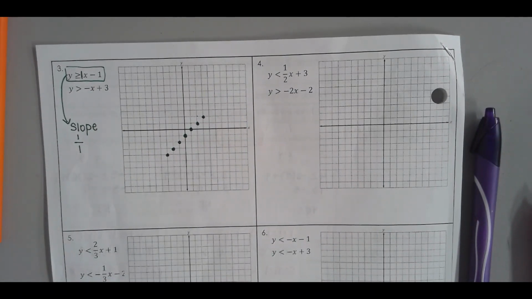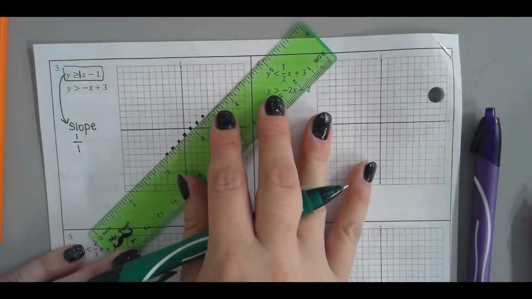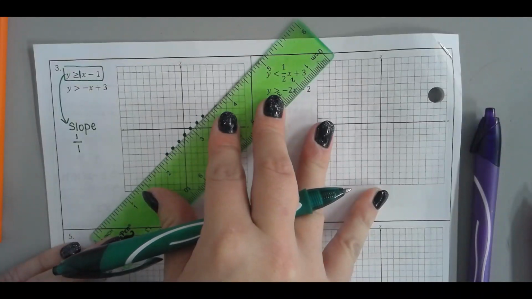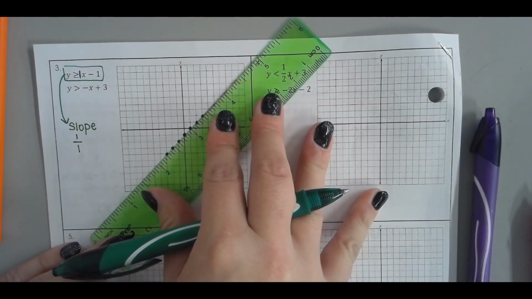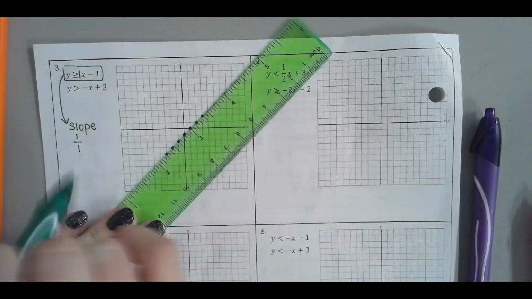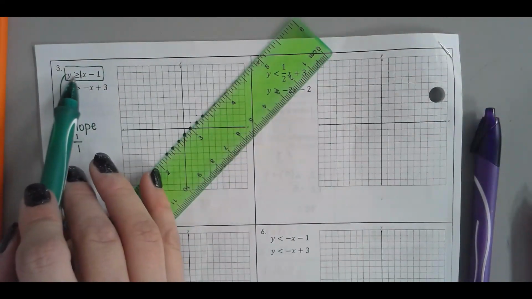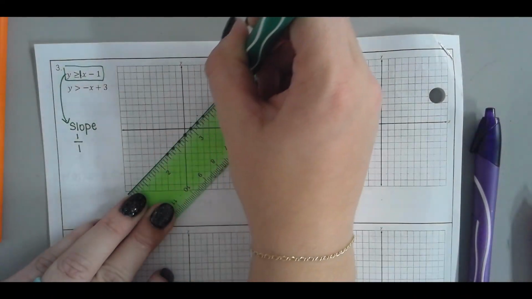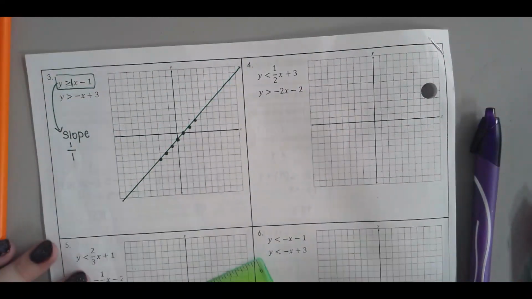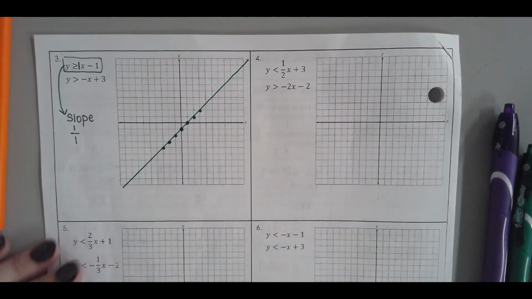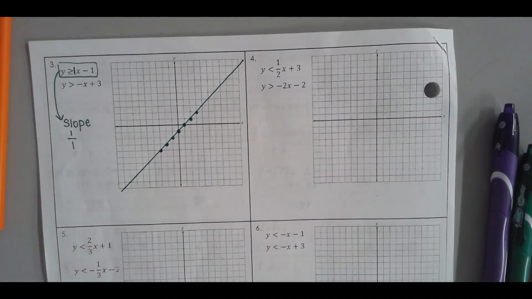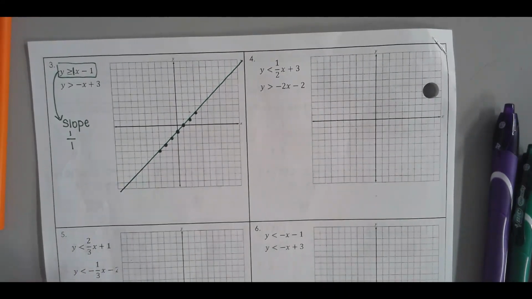We got a solid line too. It is a solid line because it has this equal to part. It has the extra line under my symbol. That's what makes it solid. Am I going to shade above or below? Above.